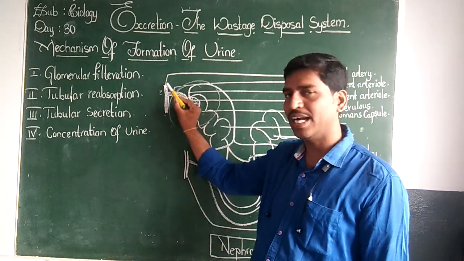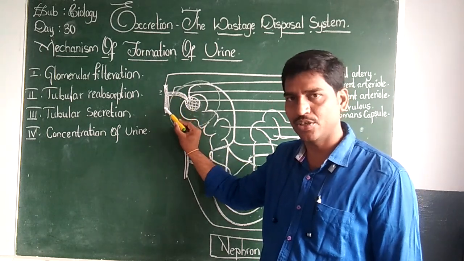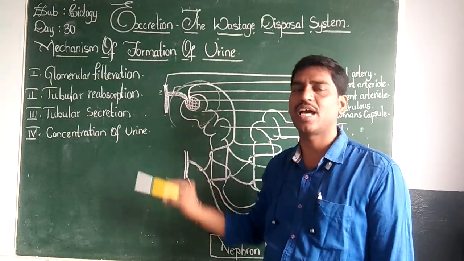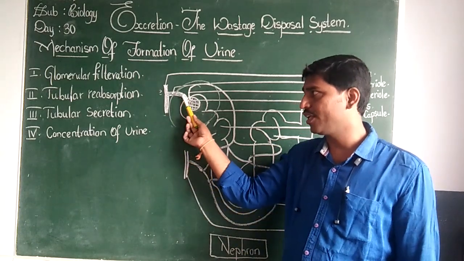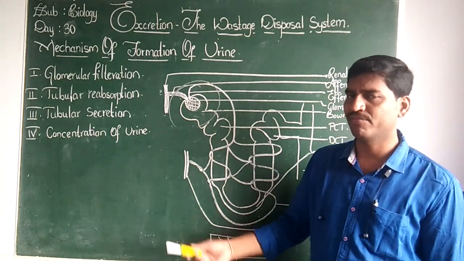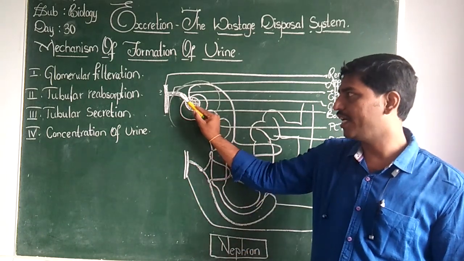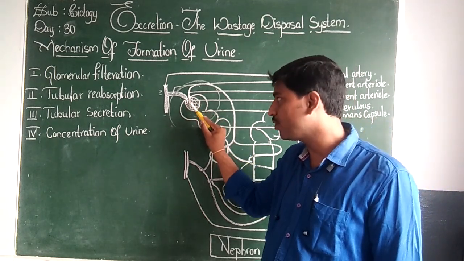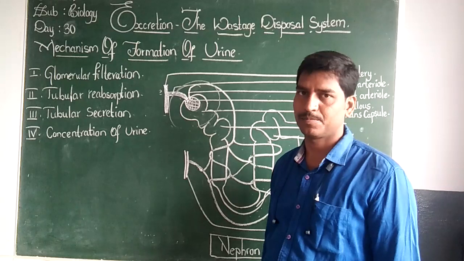The blood from the renal artery enters the renal arteriole, and from the renal arteriole it enters the afferent arteriole. From the afferent arteriole, it enters through the inlet into the Bowman's capsule.